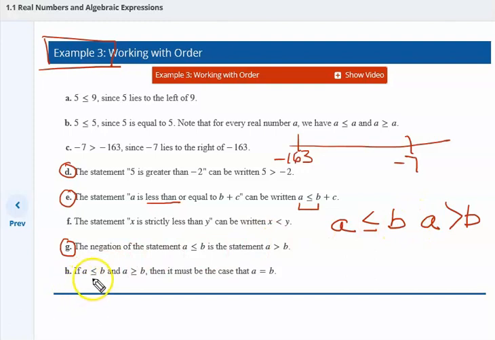And then our last, A is less than or equal to B, and A is greater or equal to B. In this case, A must equal B. Okay, that's kind of an interesting verbiage there. All right, let's go on.